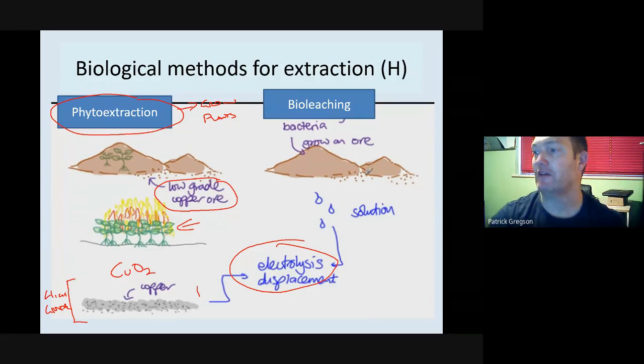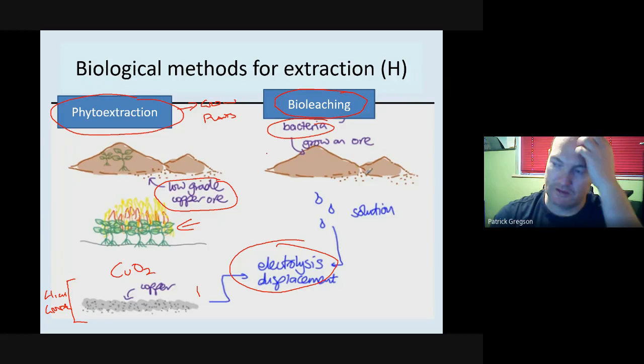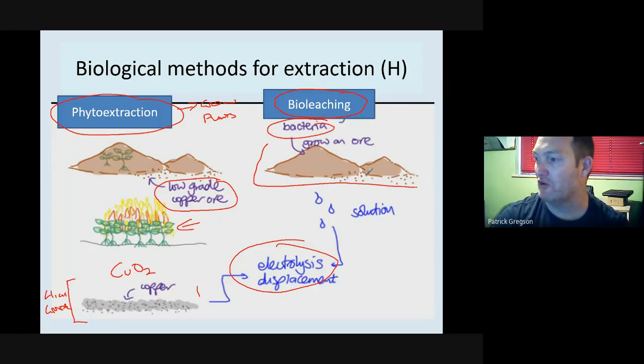Okay. Now the other side of this is bioleaching. I've never seen this done, but apparently it's becoming more and more usable. Again, same reason: it's better for the environment, and it's easier to get a license and permit to do it. Instead of growing plants, this time we're growing bacteria, specific bacteria. To make this work, they have to move all of this ore into a pond.